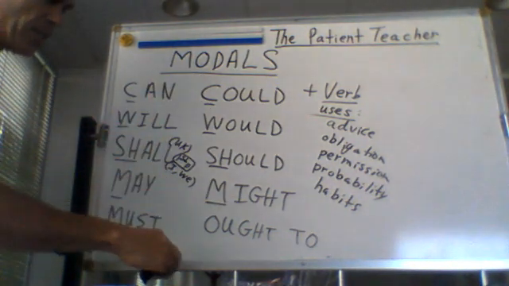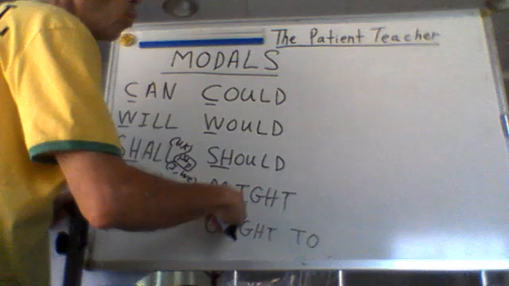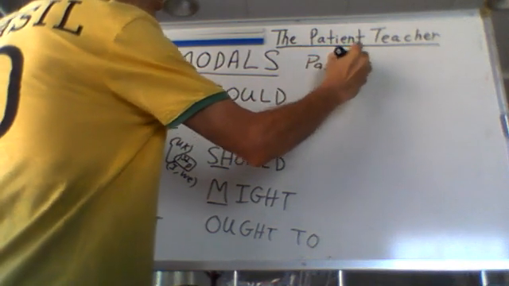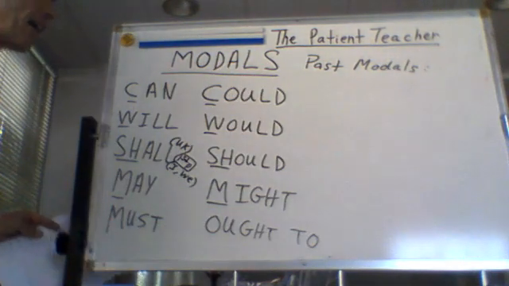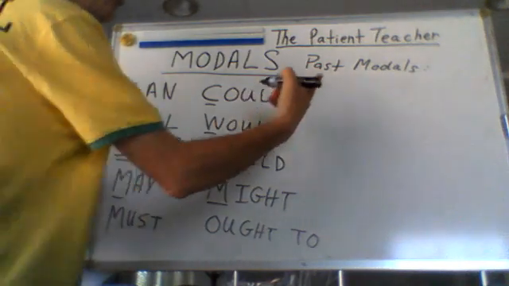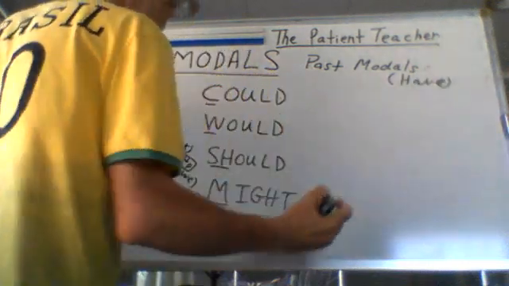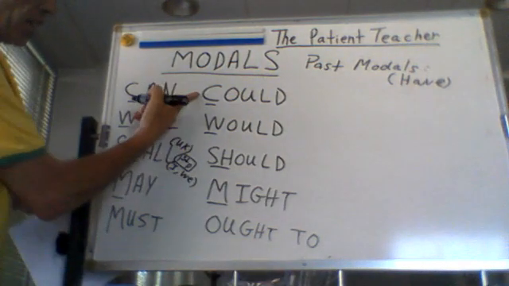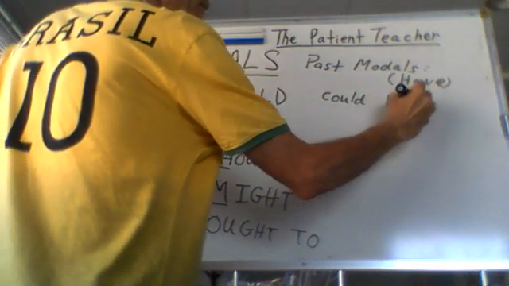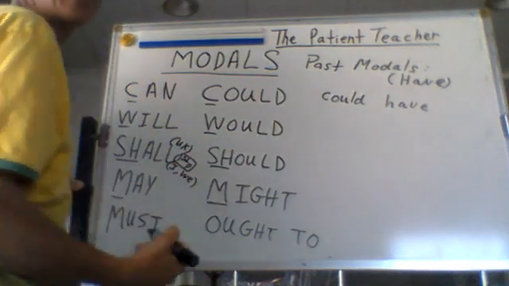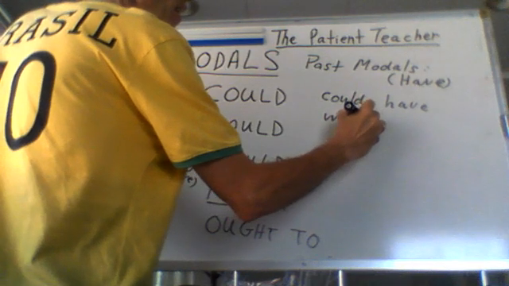Now after we've got some practice, I'll point out that we have what's called past modals. Past modals are when you use a modal with have. Could have. You can see already that is linking to the past. Would have.